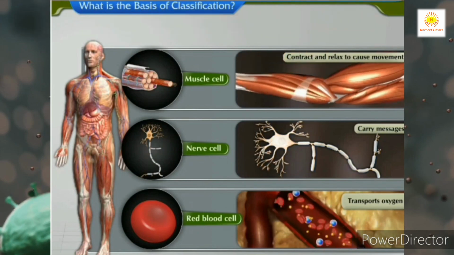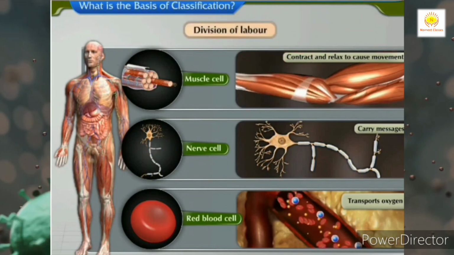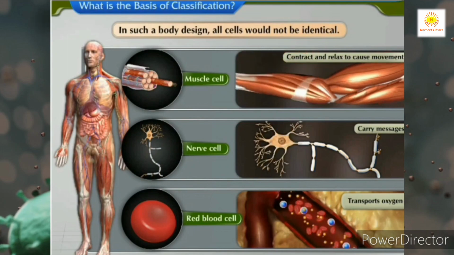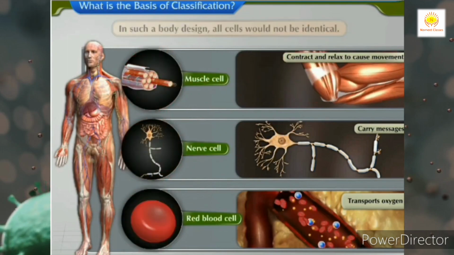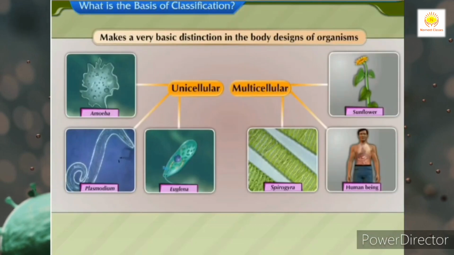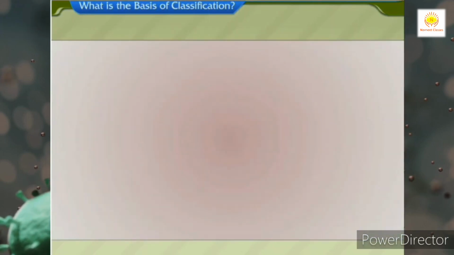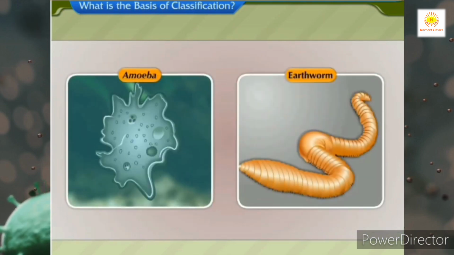It follows the principle of division of labor. In such a body design, all cells would not be identical. This makes a very basic distinction in the body design of organisms. Thus, we can distinguish an amoeba and a worm on the basis of their body design.